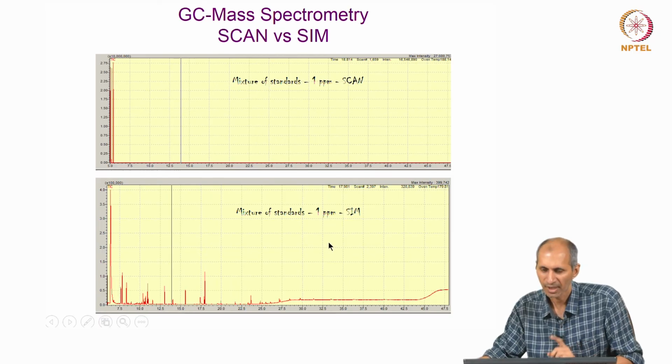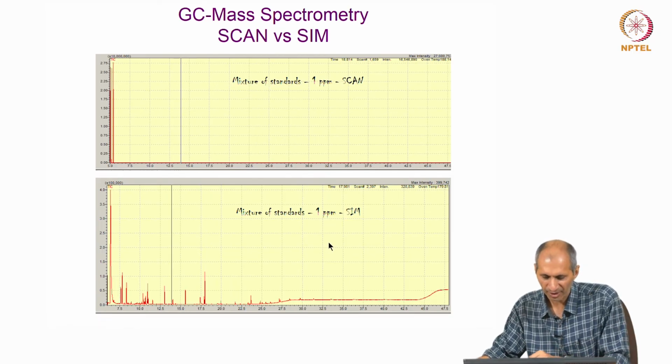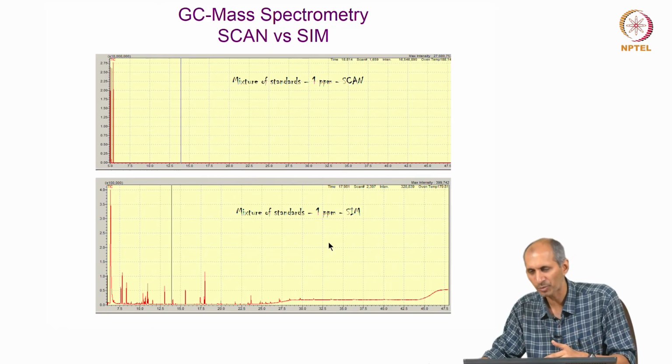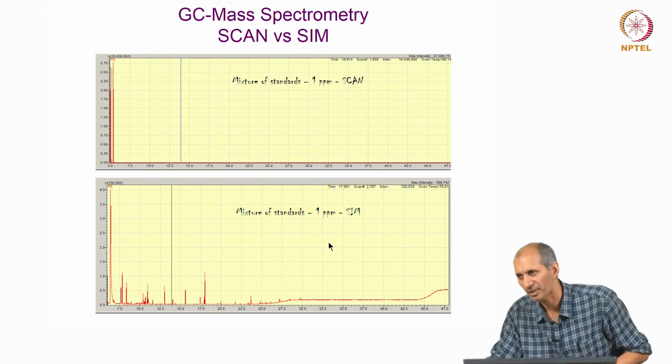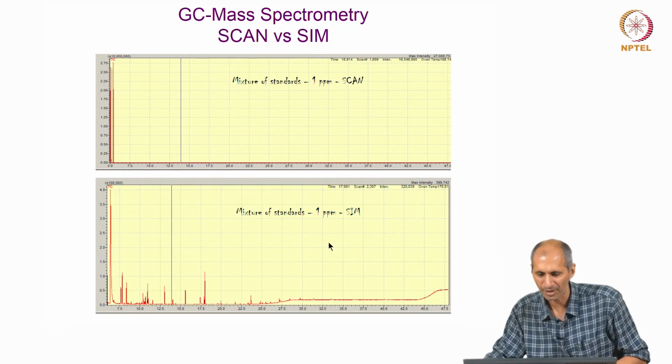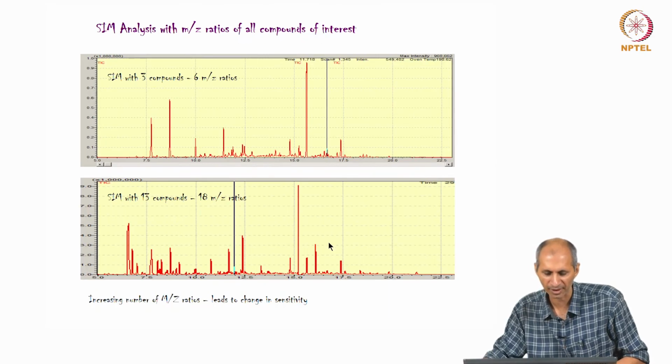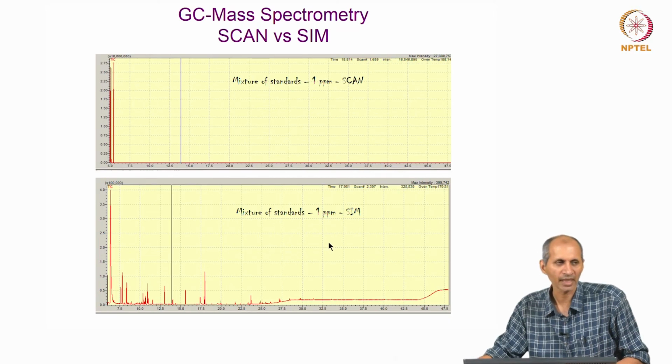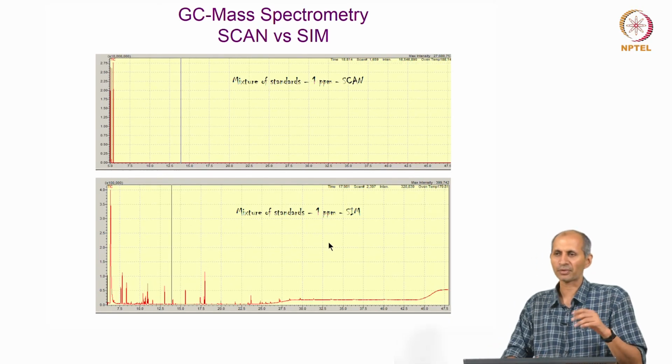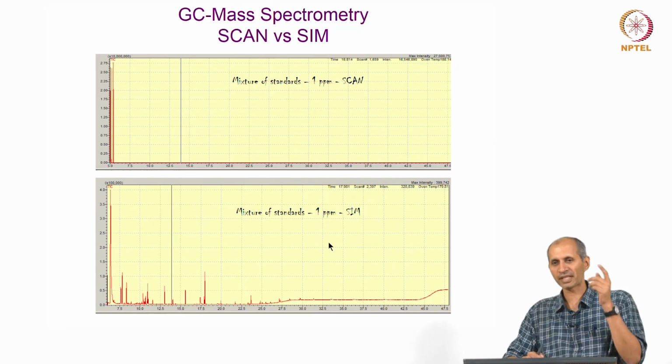Then I know there are some, but before I get to this point of SIM, I need to know what I am looking for. Which means that I am looking for a specific set of compounds. So in the analysis of all these compounds, you have to have an objective very clear in the beginning.